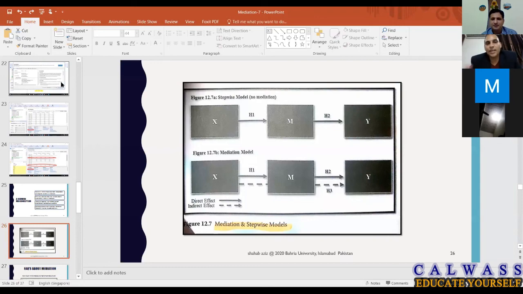It can be a stepwise model where X is affecting M, and then M is affecting Y. M can be a mediator only if you have a theoretical justification. If you develop a hypothesis explicitly for the mediator, only then you can have a mediation. Otherwise, it can be a simple stepwise model. So by looking at the model, we cannot say M is a mediator unless there's a theoretical justification.